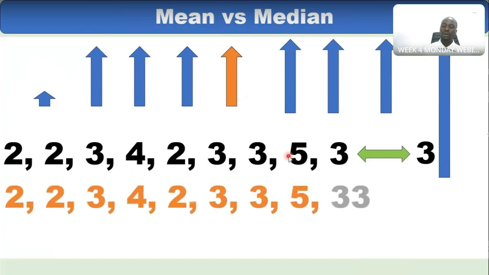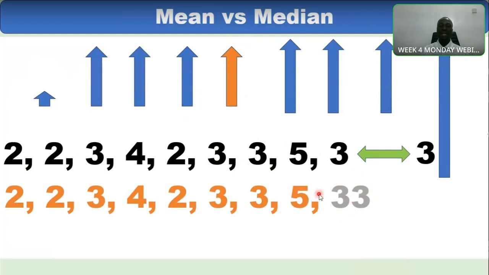But if you look here, the values in this line are the same as the ones in the first line, apart from the fact that this 3 here has been changed to 33. Because you can see that this 33 is an outlier, it is disproportionately higher than other values.